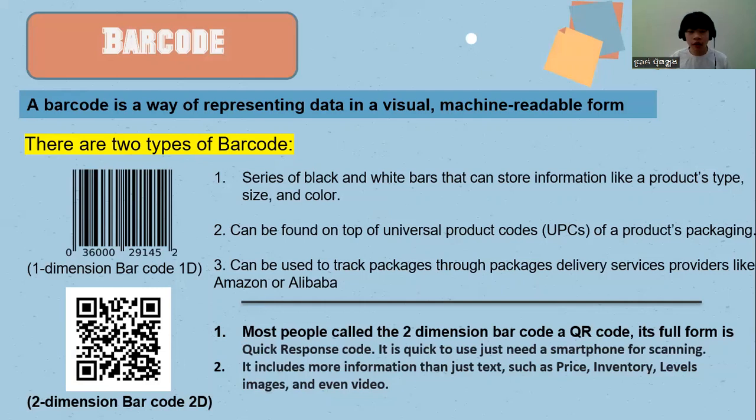Its full form is Quick Response code, and it is quick to use. You just need a smartphone for scanning. You don't have to find a scanner to see the information. It includes more information than just text, such as price, inventory, label, images, and other information as well, even video.